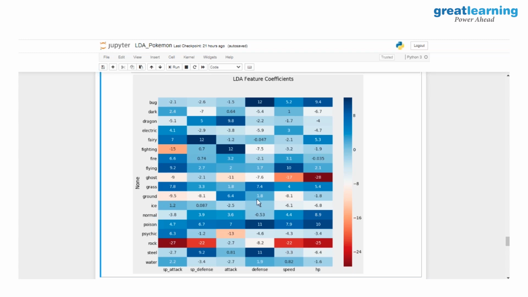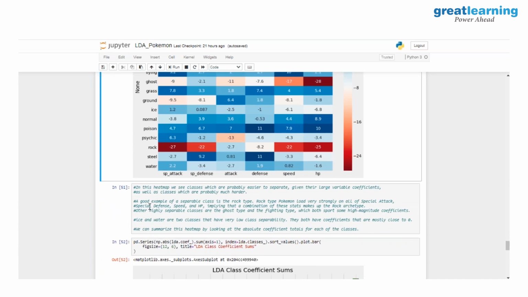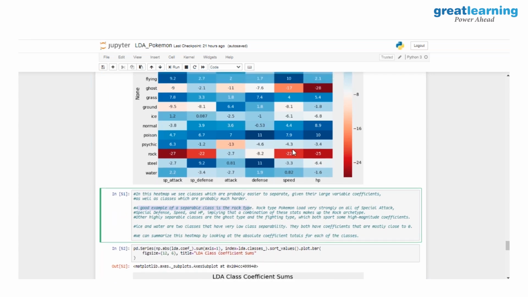What I'm trying to say here is, with a very simple LDA feature coefficients comparison, we could see some of the features getting heavily loaded and some features not. So in this heat map, this is what we are able to see. Rock type loads very strongly on all of the special attack, special defense.